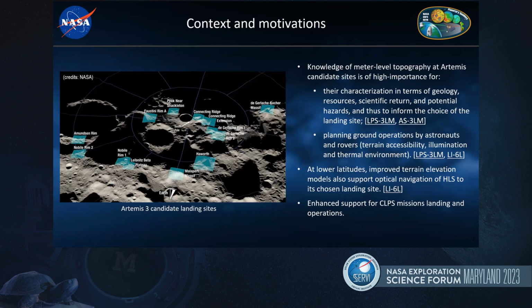if we are going back to the Moon, we need a very accurate knowledge of lunar terrain topography, down to the meter, or even better than that, in order to ensure safe operations for rovers, astronauts, and landers, but also to inform the choice of a landing site in terms of accessibility, power availability, geological interest, and resource availability.